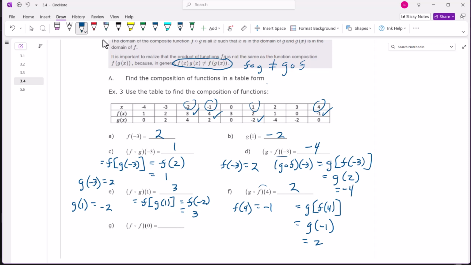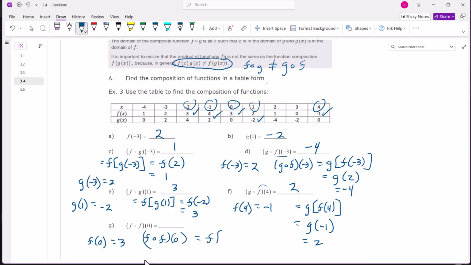Now you can also do a function within itself. You can compose a function with itself. If you look up f of 0, that's 3. So what we're doing in this problem when we do f composed of f composed of f of 0, we end up doing this.